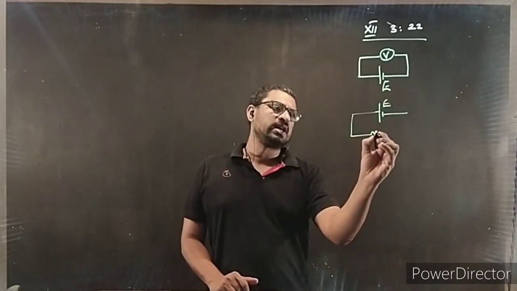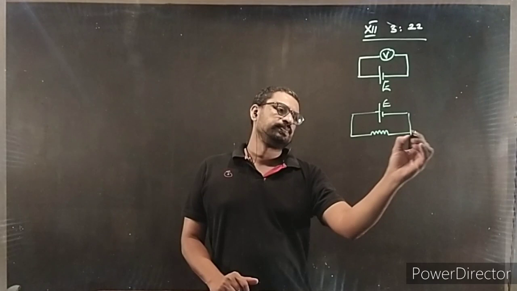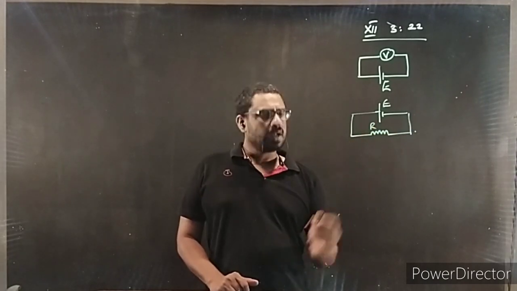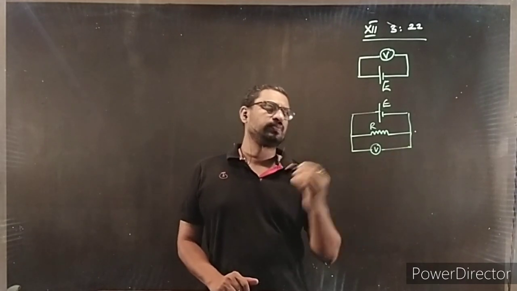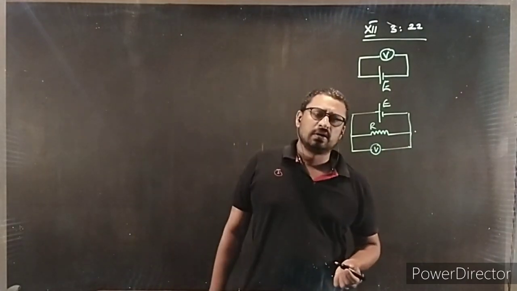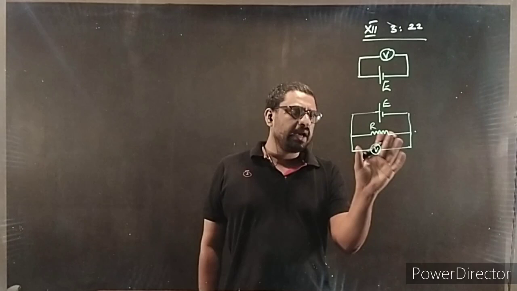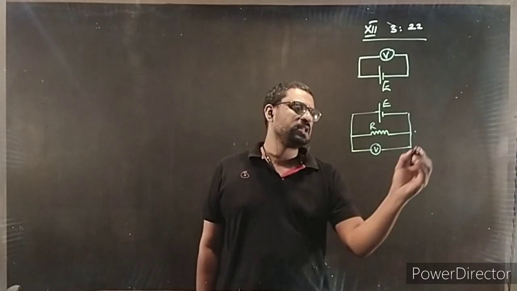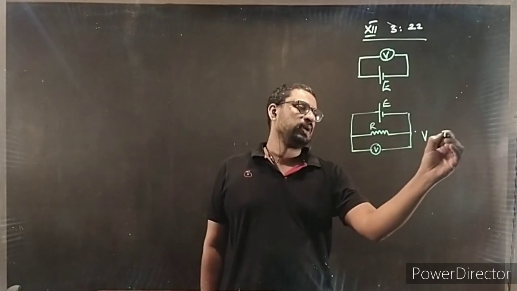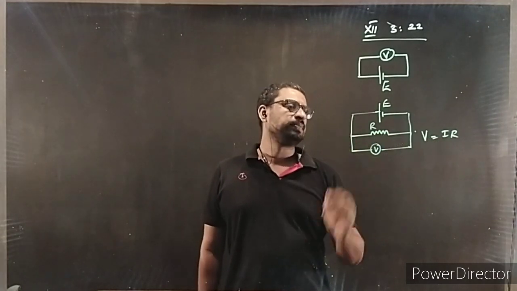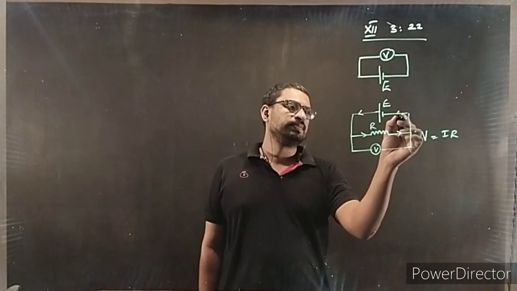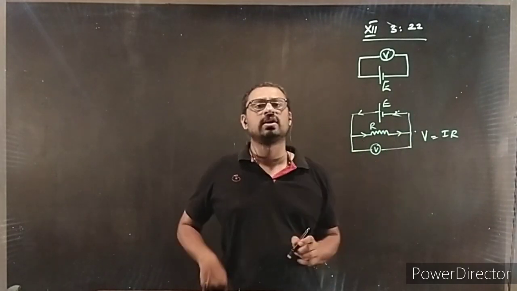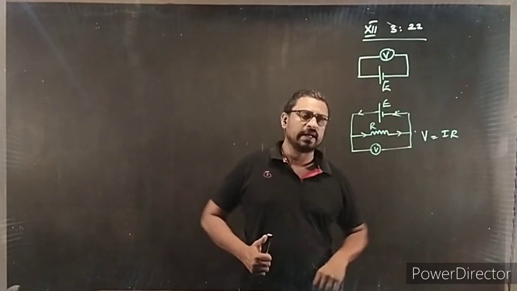Now suppose you have a cell and you connect an external resistor across it. Now you take an ideal voltmeter to measure the reading. What you are getting now is not EMF, but the potential difference V. You will be getting V equal to IR, because this voltmeter is not taking any current, ideally speaking.